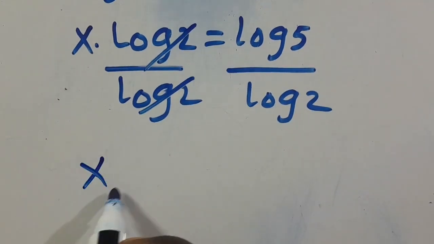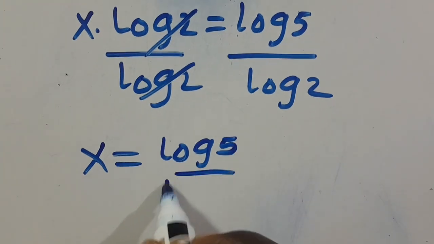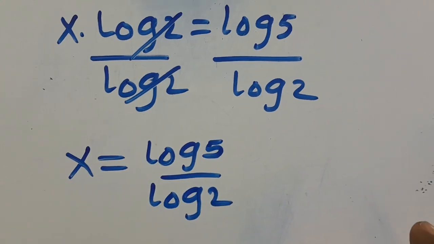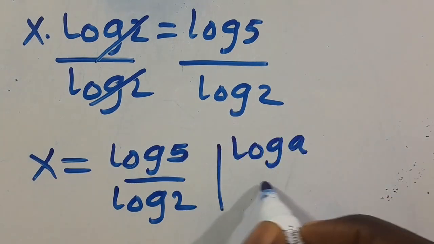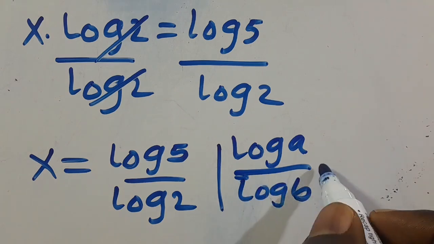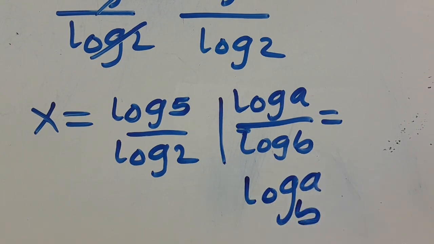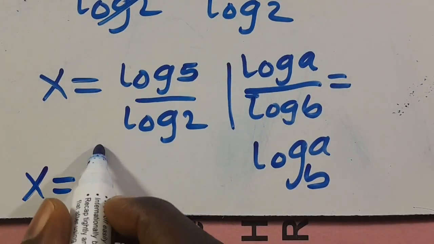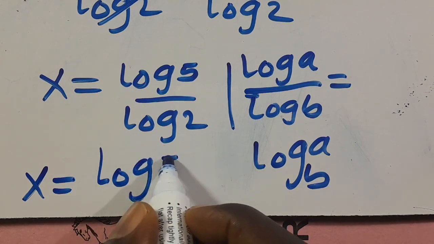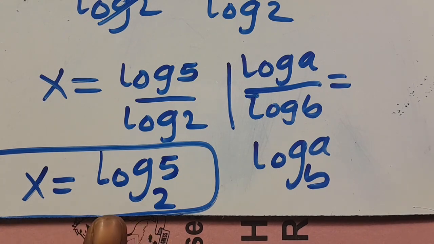So we have x equals log 5 divided by log 2. Remember, when you have log a divided by log b, this equals log of a in base b. So by applying it here, we can finally write x equals log 5 in base 2. So this is the final answer for the value of x: log of 5 in base 2.